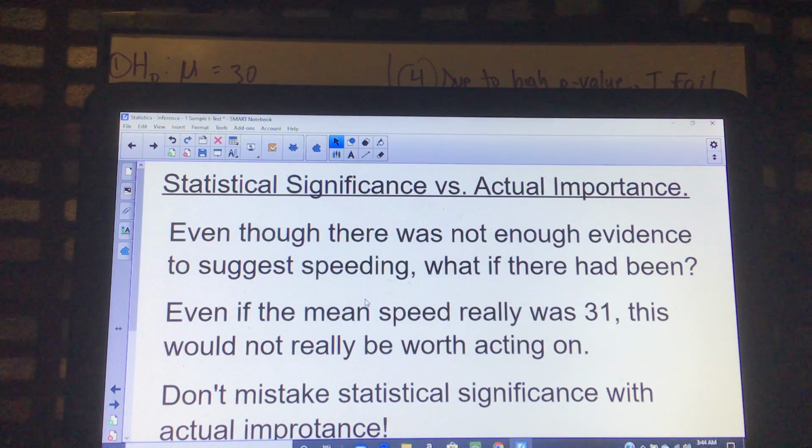Now, once again, make sure you're aware of the difference between statistical significance versus actual importance. So we didn't get enough evidence to suggest they were speeding, but say we did.